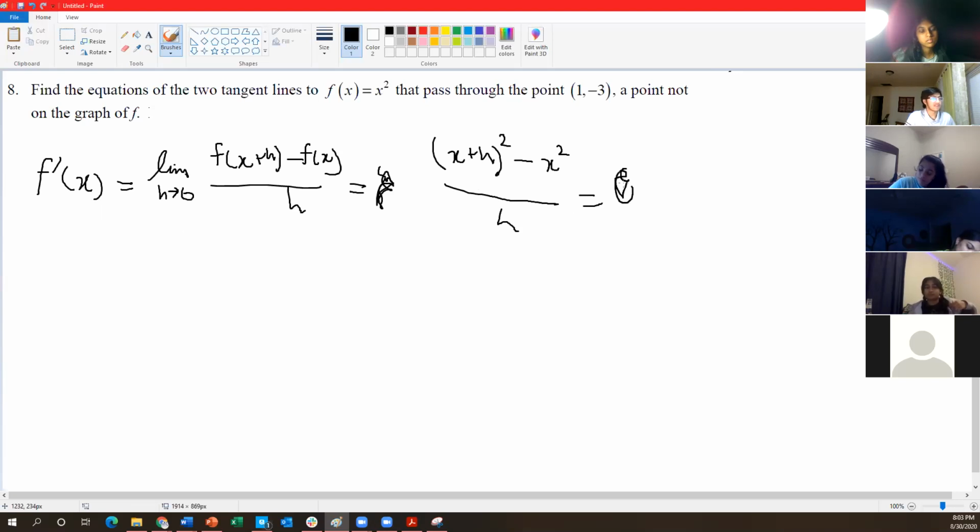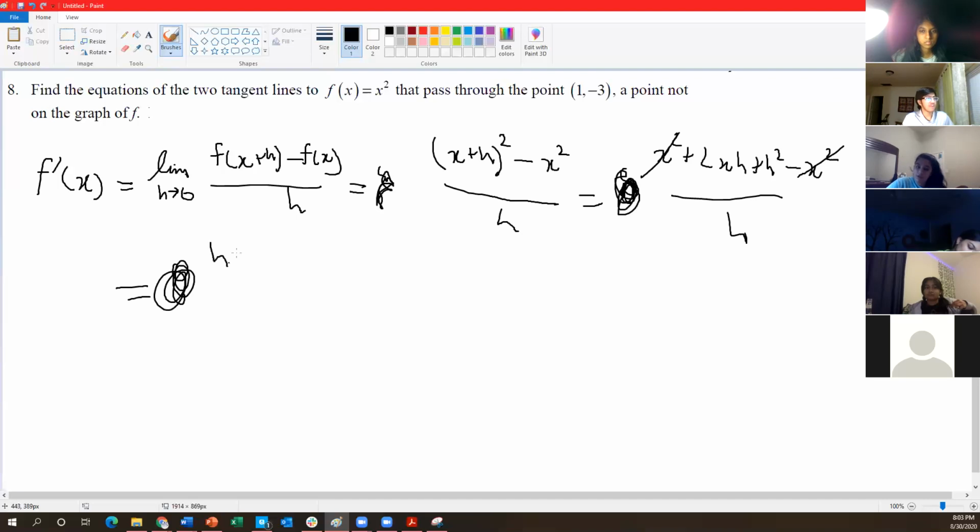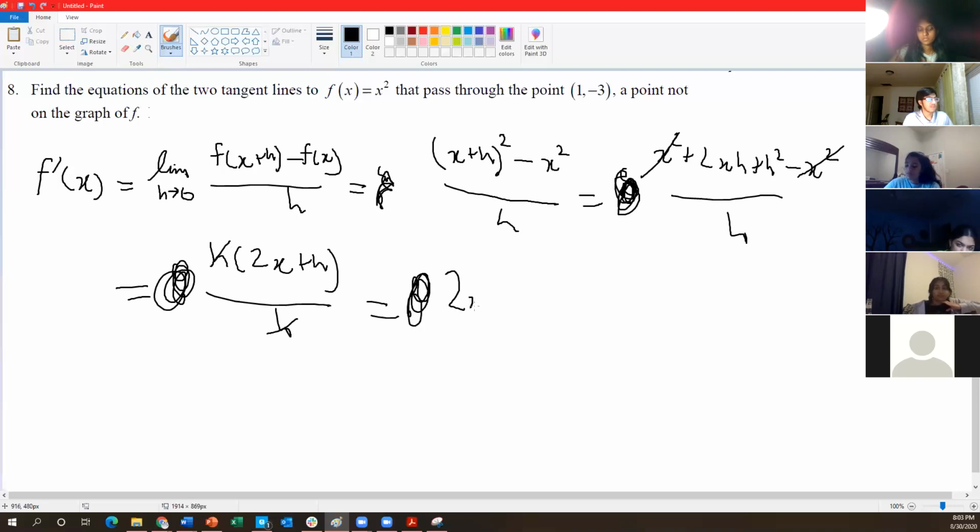That's equal to the limit as h approaches 0 of x squared plus 2xh plus h squared minus x squared over h. The x squared and minus x squared go away. Now, limit as h approaches 0, I'm going to factor out an h, so it's now h times 2x plus h over h. That allows me to cancel the h, and we get the limit as h approaches 0 of 2x plus h, and we substitute 0 for h, and we get 2x. That's where we get the derivative.